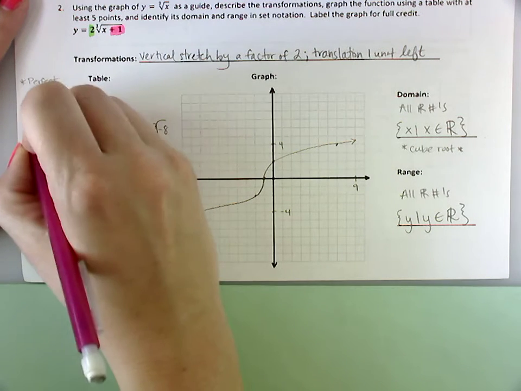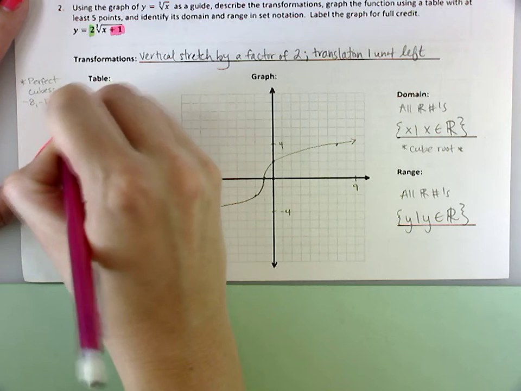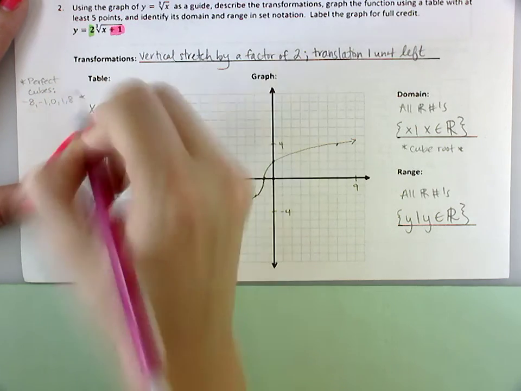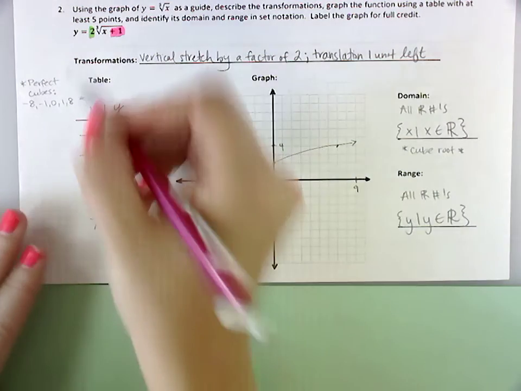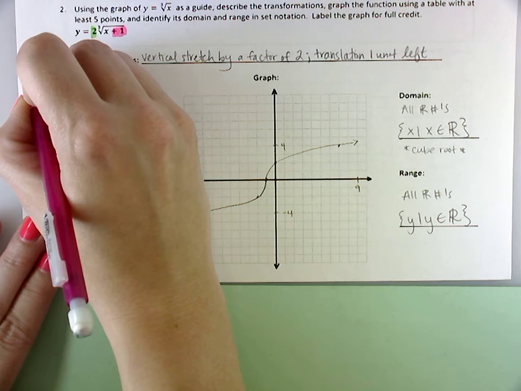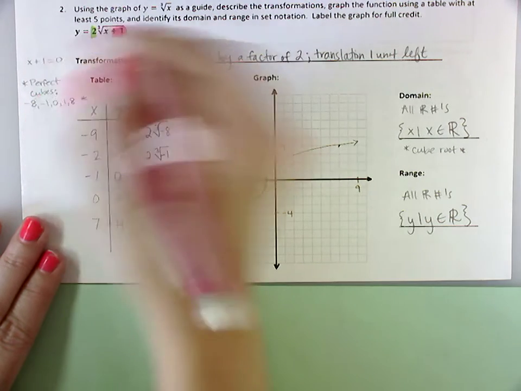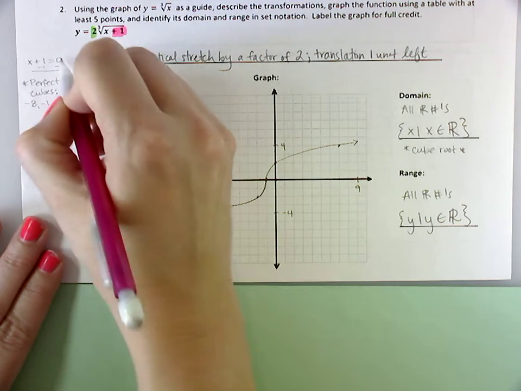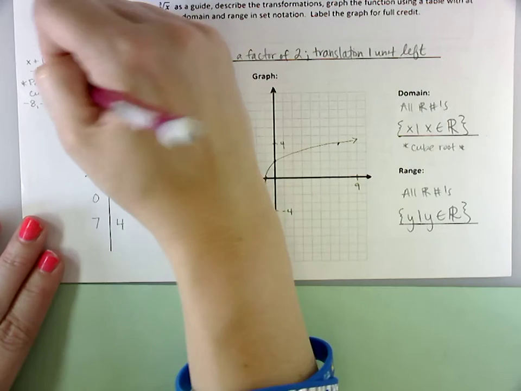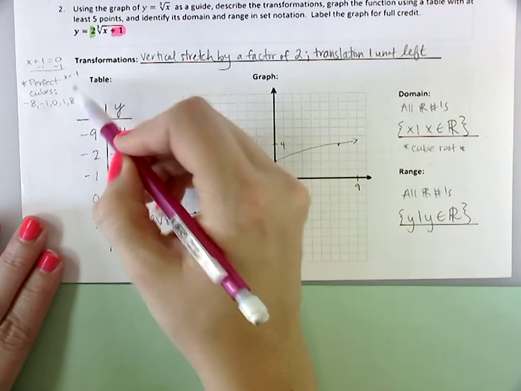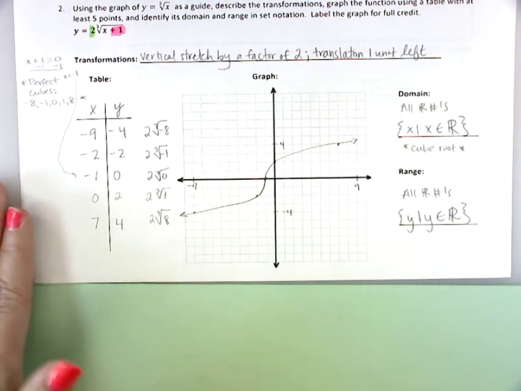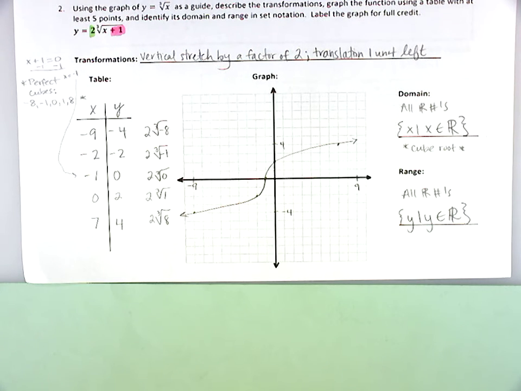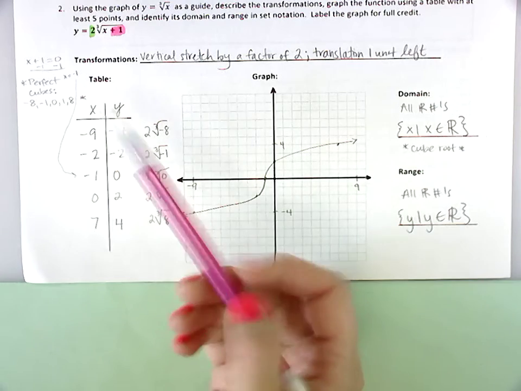Do you guys know that your perfect cubes that we've been using are -8, -1, 0, 1, and 8? Does that sound familiar? Yeah. Okay, so remember, if you set x plus 1 equal to 0, you would subtract 1 from both sides. This is what's going to be in the middle. So this is how I knew I was going to plug in -1 right in the middle. So you can always subtract 1.